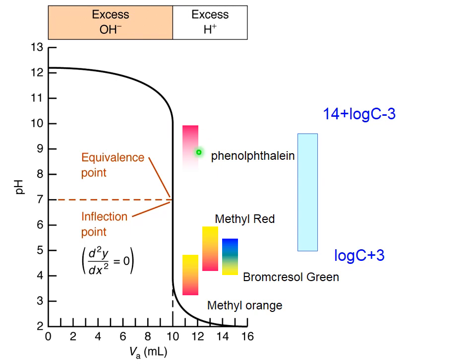On this chart you can see where different indicators will change color. If you have a very large drop of pH, most indicators will be suitable. If you stop at this point, you'll over-titrate only by 0.1% relative, so your error will be fantastically small.